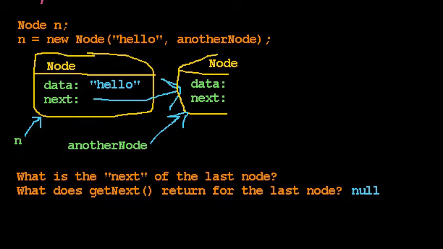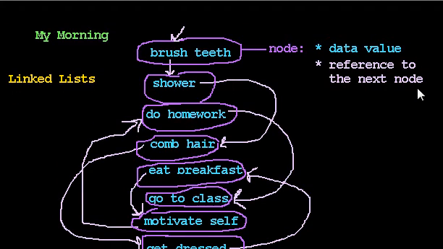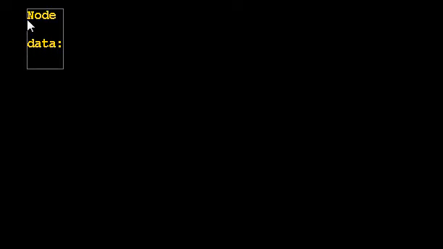So what I want to do now is draw a linked list, a brand new one, and ask you some questions about it. Let me draw it in this order so I don't make my circles too small.